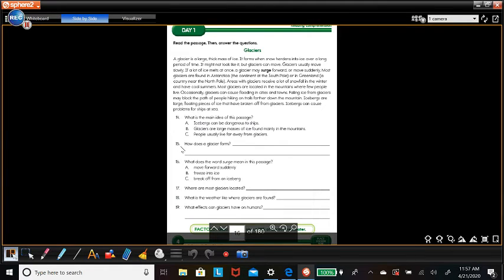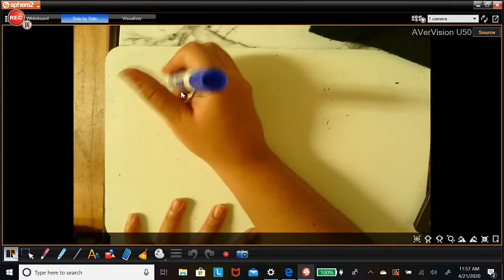And I want us to answer that question together because I want you to remember that when answering reading questions, they need to be in a complete sentence. They need to use part of the question and then use evidence from the text. So let's see how I do that. So the question was, how do glaciers form? So I'm going to start.